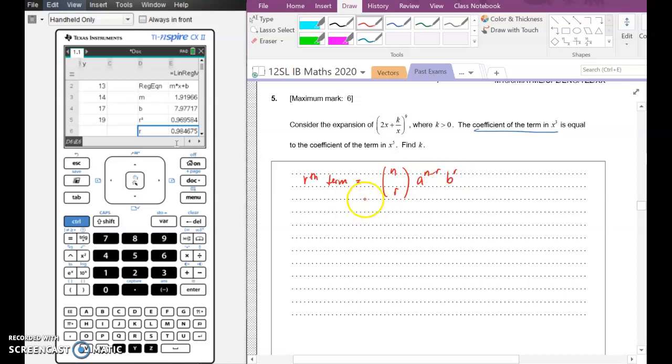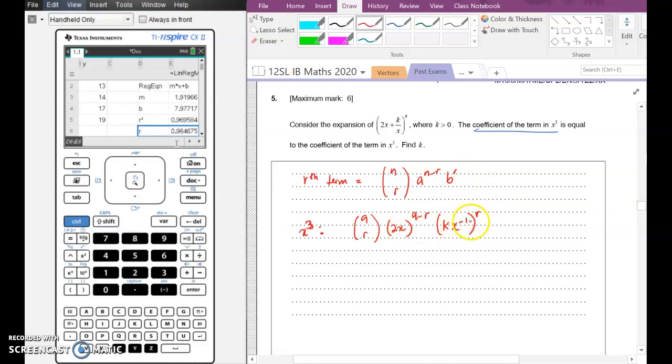So it means that if I want the term with x cubed, I'd first use what I've got. So n is 9, a is 2x, and b is k over x. I'm going to write x to the -1 because that's the same as k over x to the power of r, because that allows me to analyze my coefficients very easily.